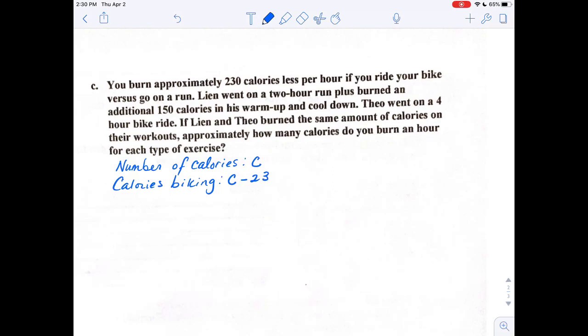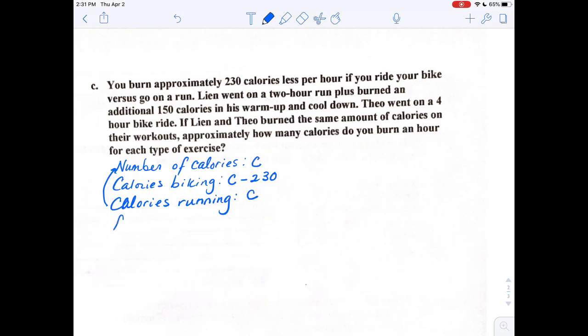So biking would be C minus 230. Calories for running. That's the other exercise. Well, that's just the basic. That is the number of calories. So again, I can just write C, or I can just write calories for running.